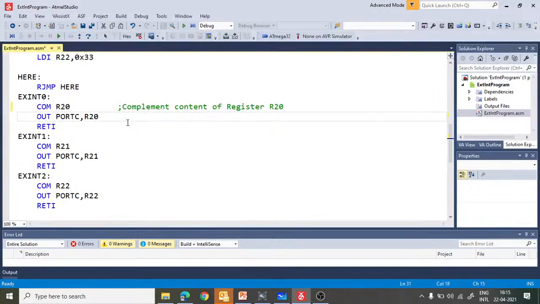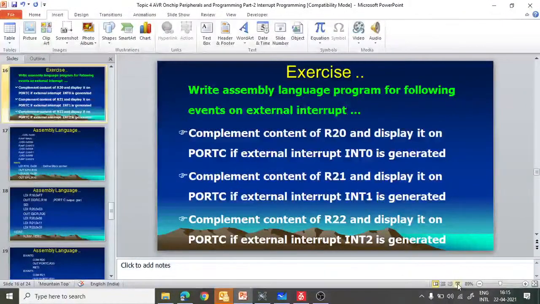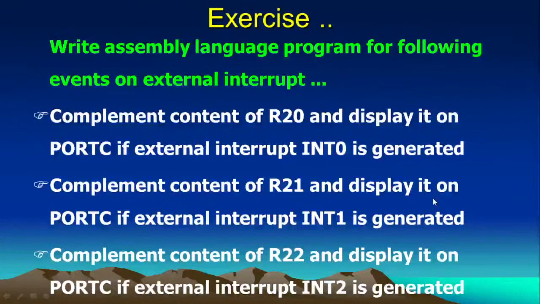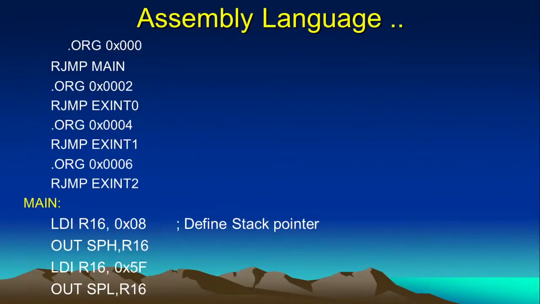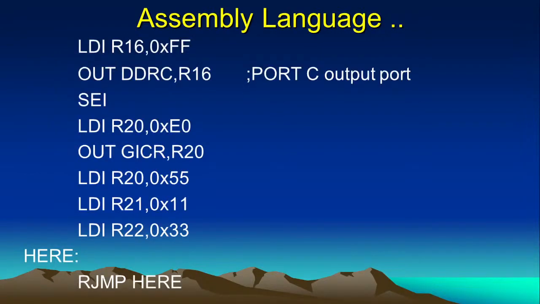Whenever external interrupt 0 is generated, I am complementing the content of R20 and transferring it to port C. Whenever external interrupt 1 occurs, I am complementing the content of R21 and transferring it to port C. Whenever external interrupt 2 occurs, I am complementing R22 and transferring it to port C. And that was actually our aim in the exercise. Now I am sure that there should not be any doubt in your mind regarding this exercise. The same program is written here in the PPT, so I will just skip it.